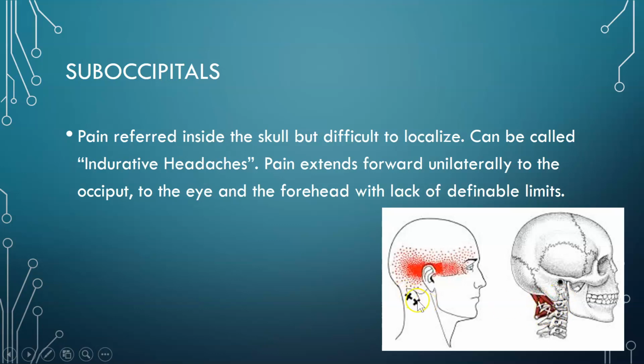We find the common trigger points are found here, and you can see that the pain referred inside the skull is difficult to localize, so the patient may not be able to completely localize it, but can be called something called an indurative headache. So this can be a headache causer as well. And the pain extends forward unilaterally, so on the same side, to the occiput, to the eye, and forehead, with lack of definable limits. Trigger points in this area the patient will not express as being behind the eye.